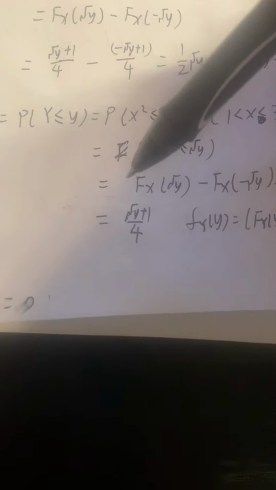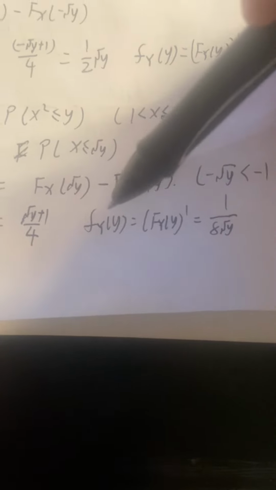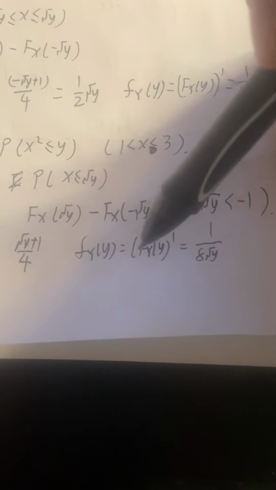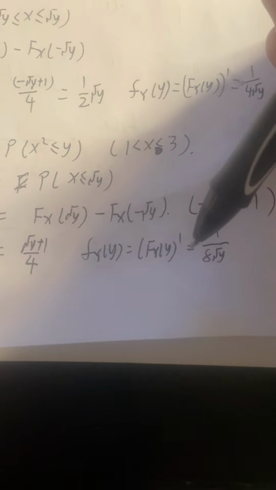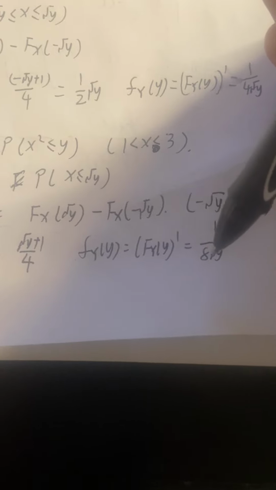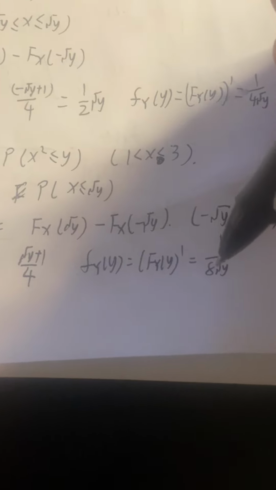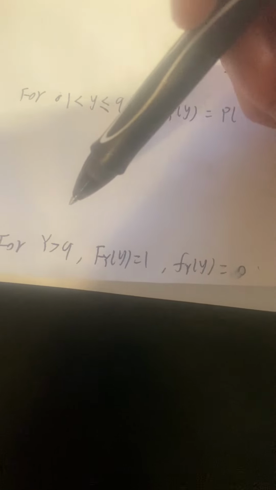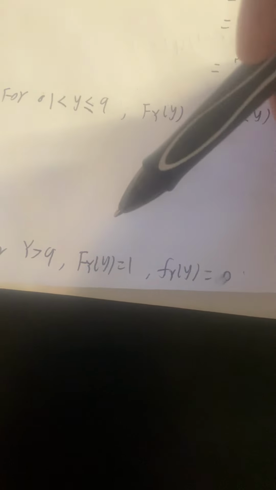So the final result will be (the square root of y plus 1) over 4. For the density function, we take the derivative, and the result will be 1/8 times the square root of y. For y larger than 9, the distribution function of Y will be 1 and the density function will be 0.